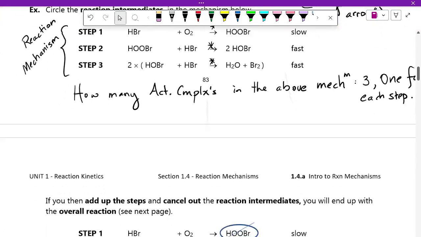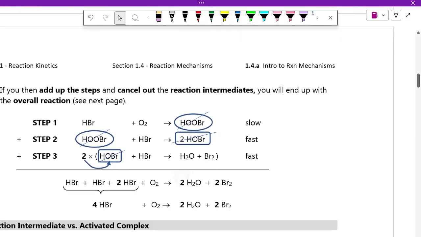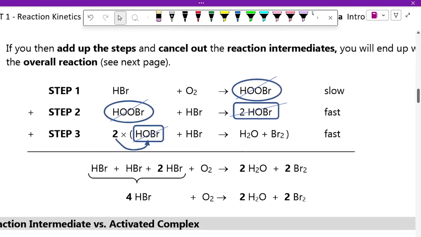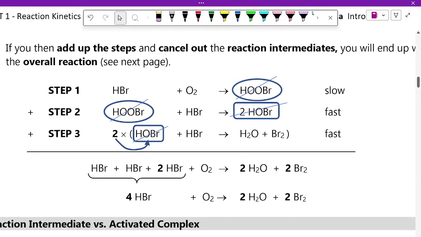If you add up the steps, just like in math, you say, I have an HOBr on the left, I have an HOBr on the right, those two can cancel out. I have 2 HOBr on the right, I have 2 HOBr on the left, so those two can cancel out.